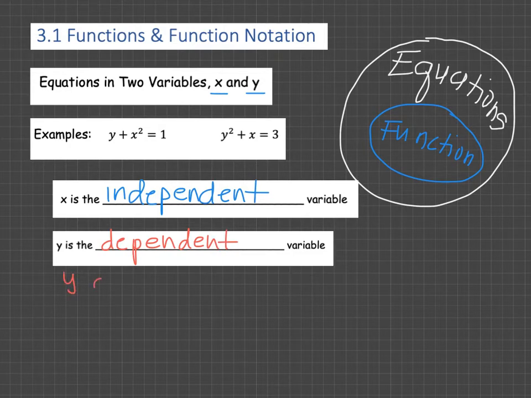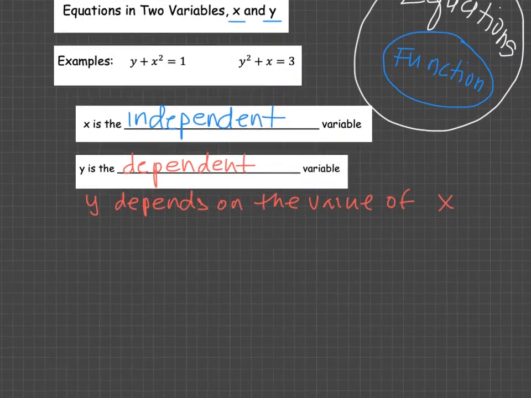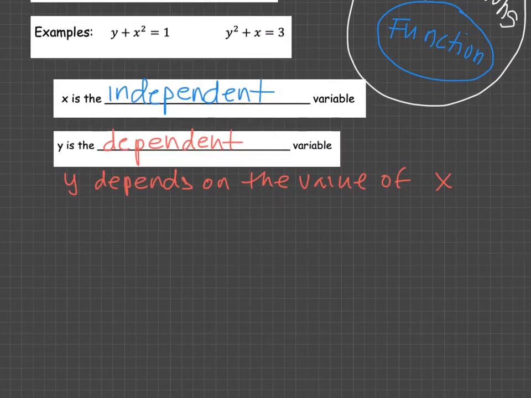So y depends on the value that x is. That is why we usually write equations as solved for y, where it's y equals something.